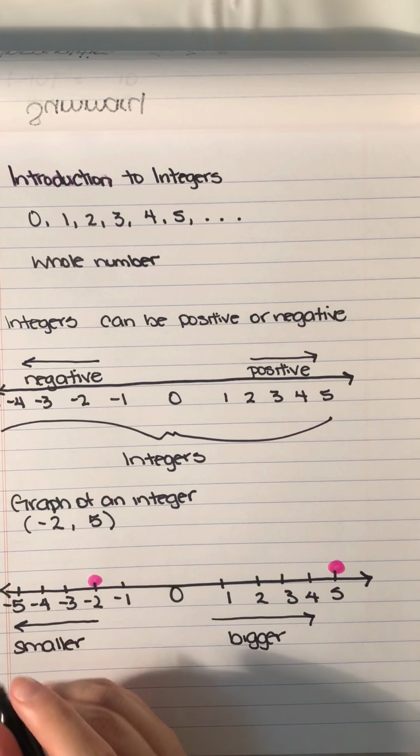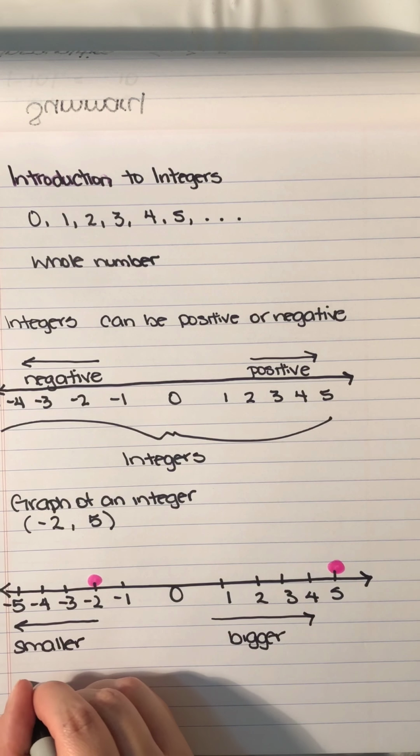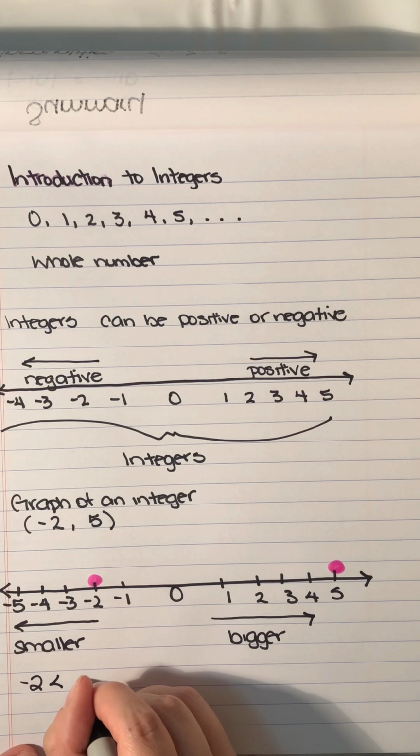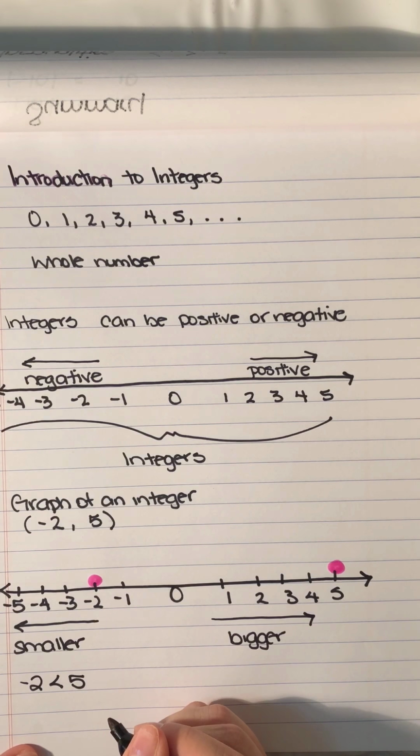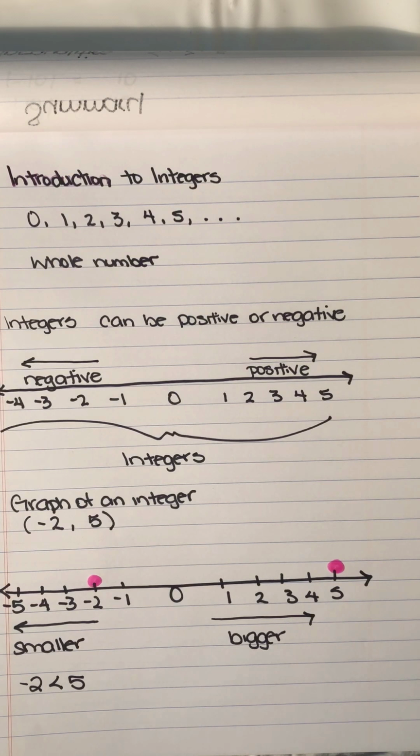They're smaller than 0. Anytime you hear smaller, greater, less than, bigger than, we're usually comparing two numbers. And in this case, we're comparing -2 and 5. -2 is less than 5. We usually read problems left to right.